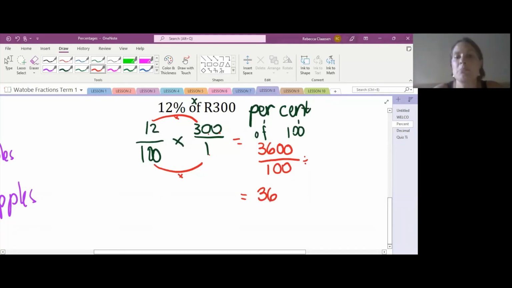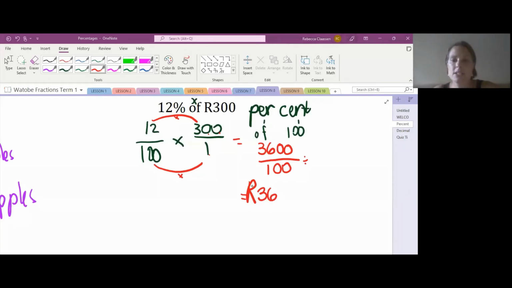And so that's how much money I get. So if I get 12% of 300 Rand, I'm getting 36 Rand. Okay, I'm not getting all the 300 Rand. I'm only getting 36 Rand because I'm getting 12% of it. Okay, so I'm getting that amount of money. All right.